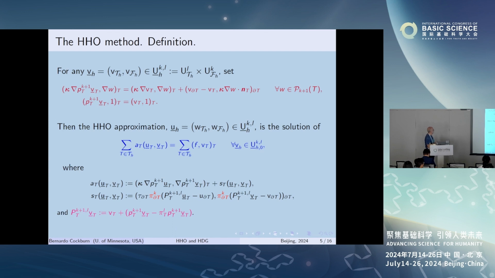First of all, with v_tau inside, this is the part of v that is inside the element. You can see this is the integral over the element, and this is the integral on the boundary of the element. So with this v_tau and v_F on the boundary, which belongs here, then we can compute an approximate gradient. So this is an approximate gradient, which lives not in P_k or P_l, but in P_{k+1}.